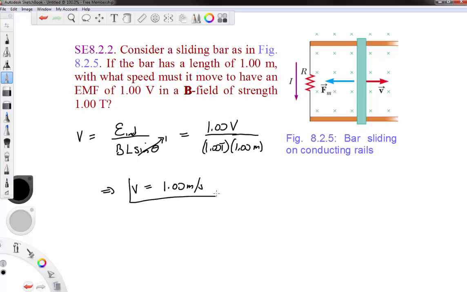Now this is actually kind of an interesting and in fact to some extent important result in that it gives us now an operational definition for a Tesla. You'll recall that I previously discussed operational definitions for coulombs and amperes.